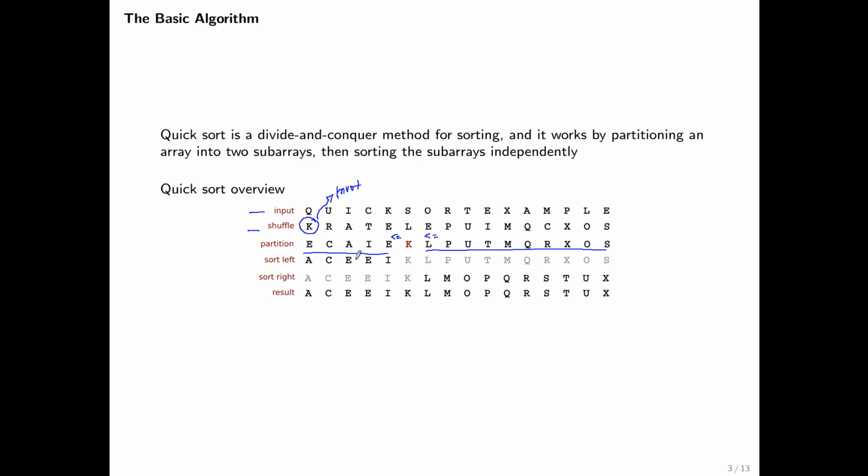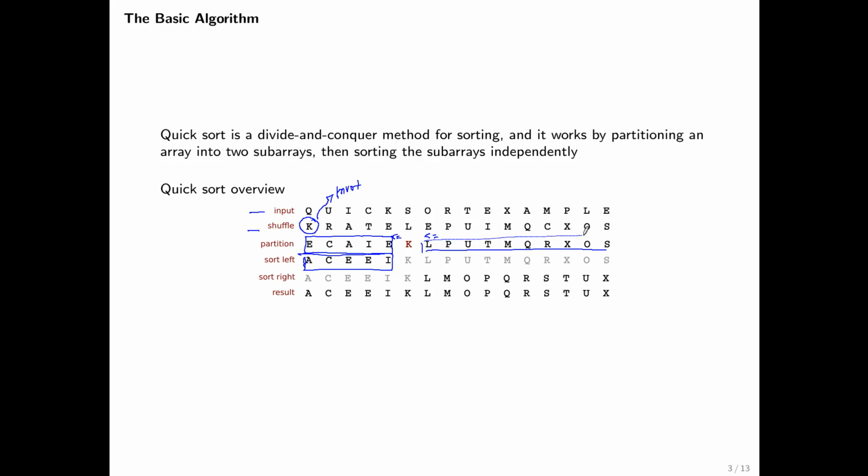We sort the elements to the left of the pivot, which are all these guys, recursively. Okay, and when we do that, we simply end up with a sorted version of that. And then we sort the right part of the pivot, meaning all these elements.